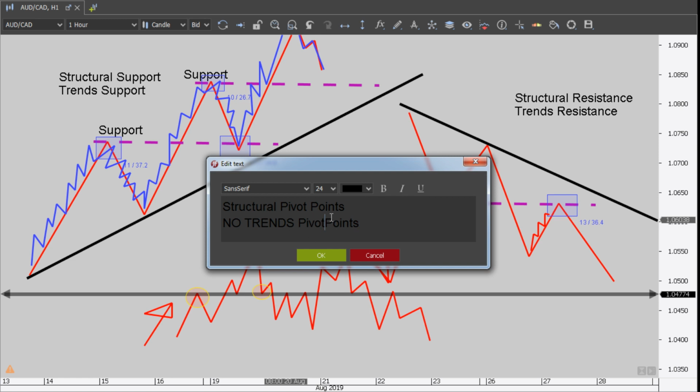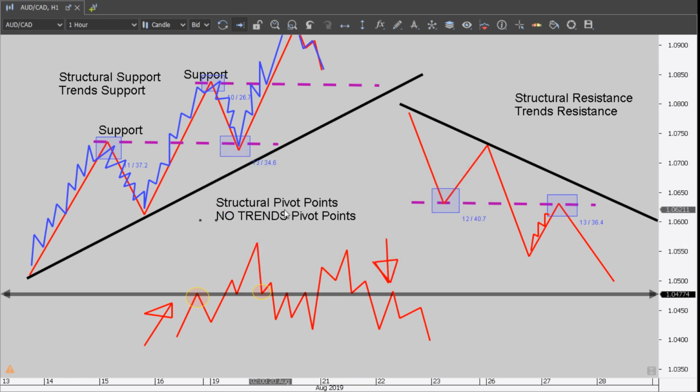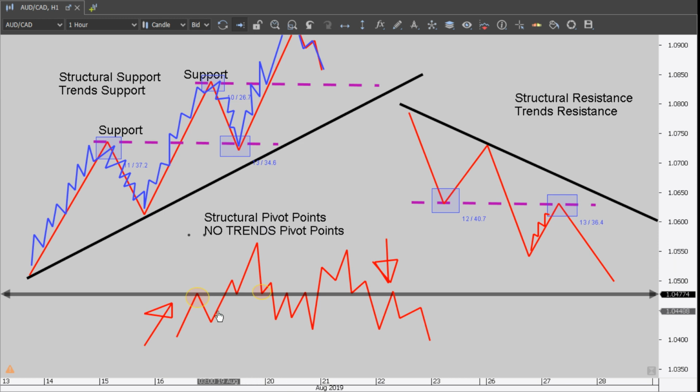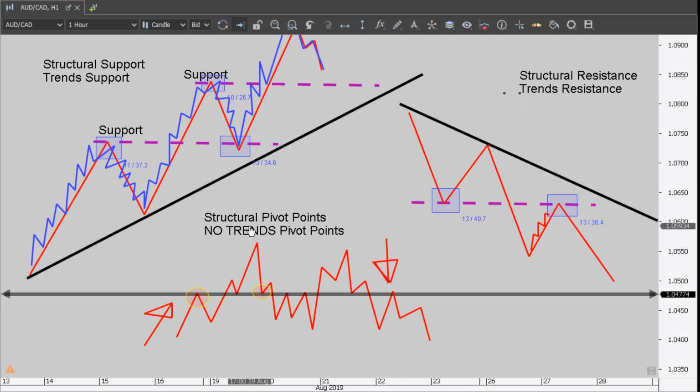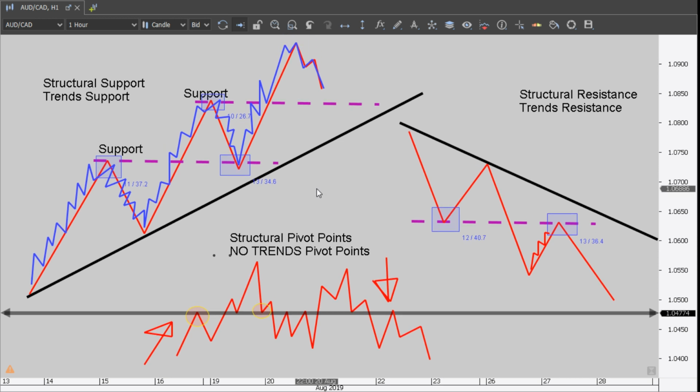We're going to find pivot points on structure, but no trends pivot points. If you sometimes find a pivot point on the trend which appears, remember there are no trends pivot points. It must be something different. Okay? So nothing that difficult to understand, right?